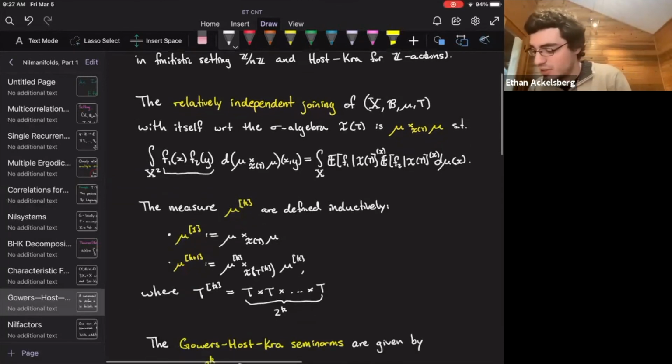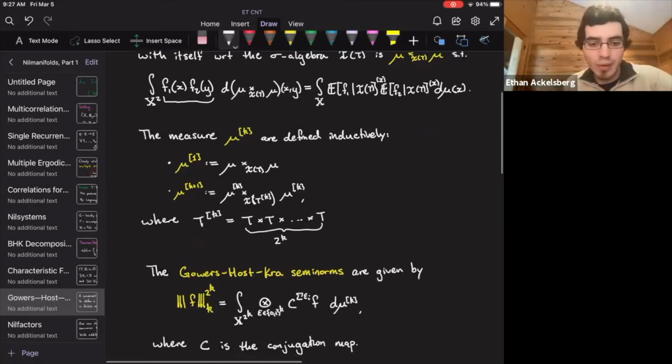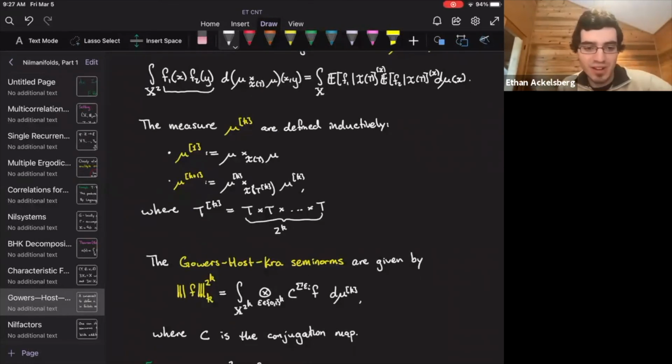And then we can define some seminorms from these measures. This expression, sorry, is kind of ugly because I want to represent it in some reasonably compact way. We just take a function, take a tensor product with itself, and we're indexing these by 0, 1 sequences.